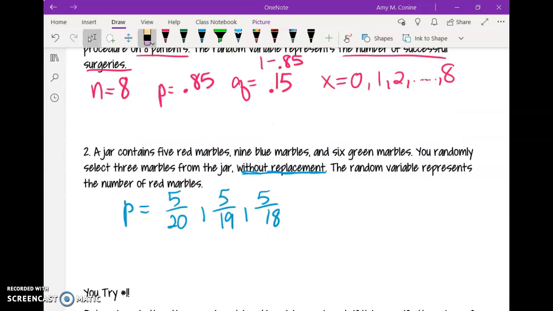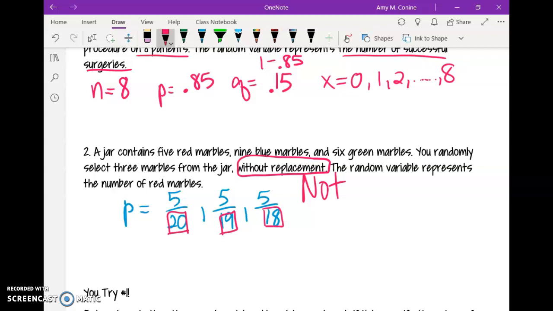All right, so you had some time that you could work on number 2. This one is not a binomial experiment because of the without replacement. What this does is it changes the probabilities for each success. So if you don't choose a red marble the first time, you still have 5 in there, but you've taken out one of the blue or the green, so you're left with 19.